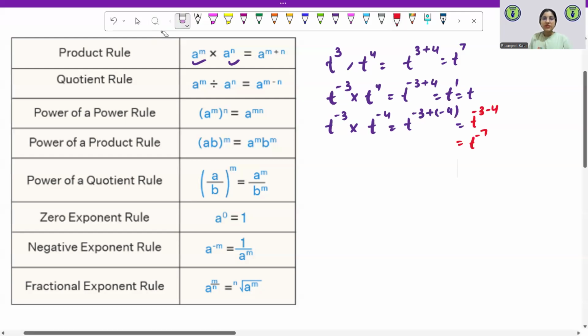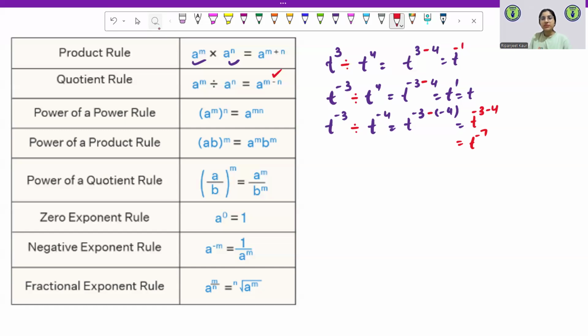Now similar is the quotient rule. In the quotient rule, nothing changes, just instead of multiplication, there would be division. If there is division, the powers get subtracted, that's all. So instead of plus, it becomes a minus. So 3 minus 4 is nothing but minus 1.